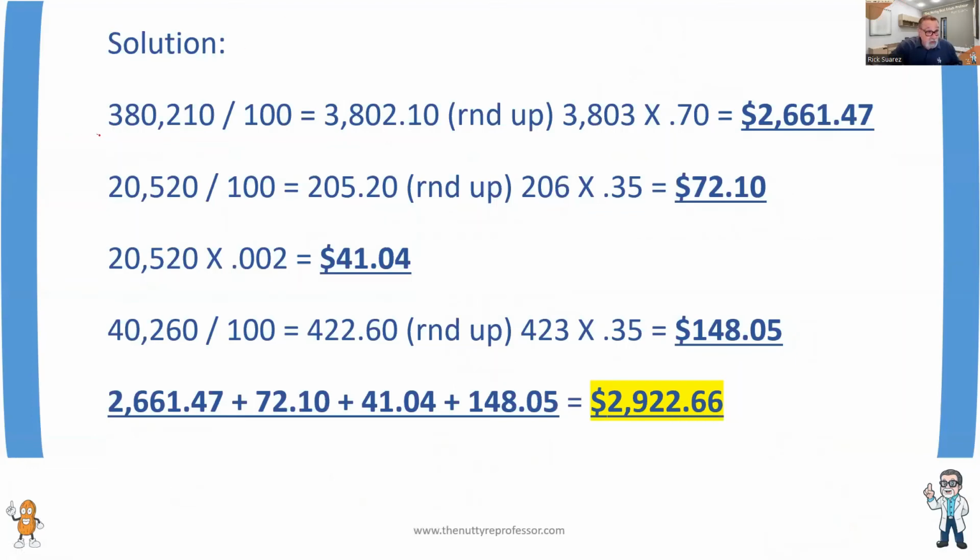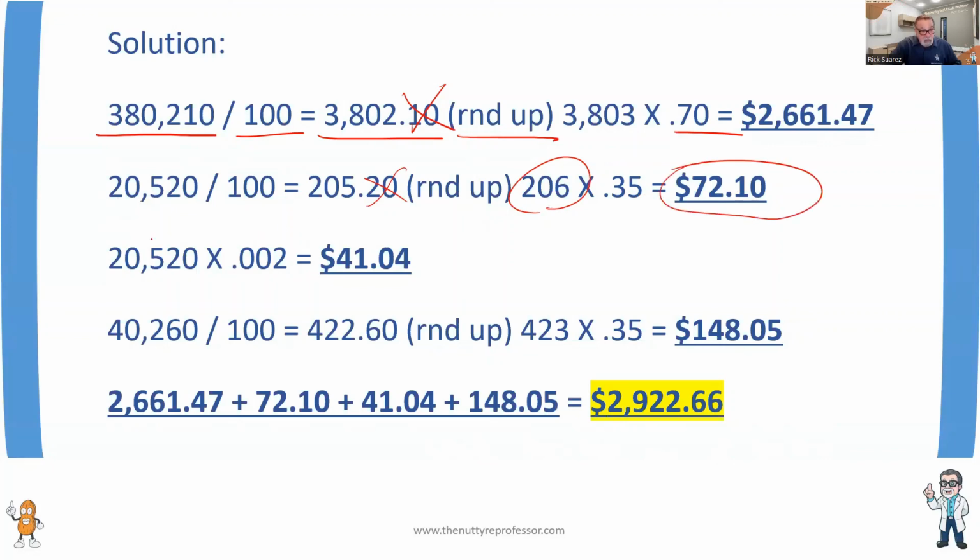Here is the sales price divided by 100, 3802.10. Round up, of course, because you cannot have pennies. It's 3803 times 70 cents, which is 2661.47. Then you have the 20,520 divided by 100, 205.20. Cannot have that. Has to round up, so it's 206, right? Times 35 cents. Then you have 72.10. And then obviously this is a new loan, right?